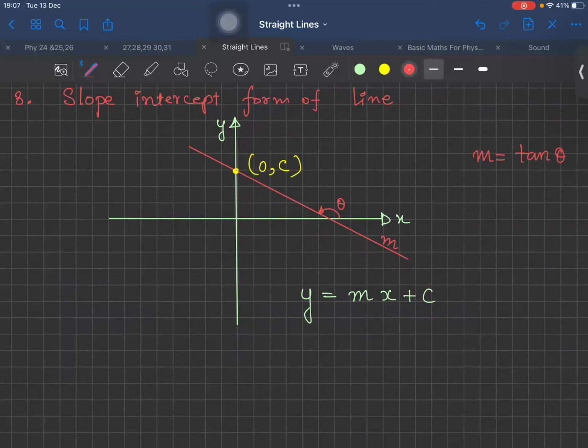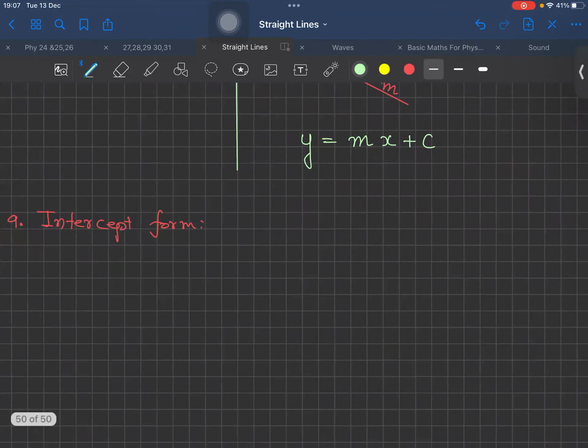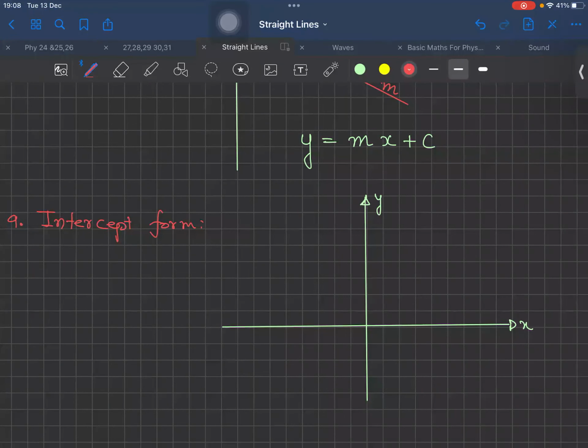And number 9, intercept form. That means your x-intercept and y-intercept both are given, wherever it intersects the x-axis and wherever it intersects the y-axis. So this is your straight line, and it intersects y at 0, b. You can also write 0, c.